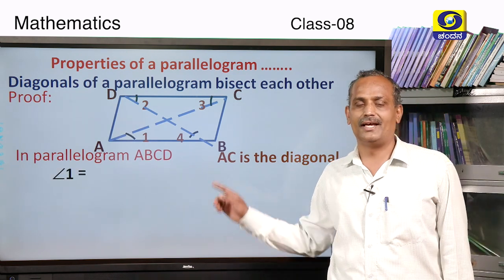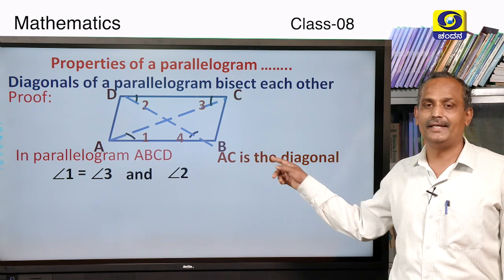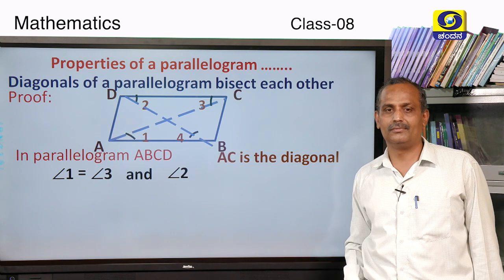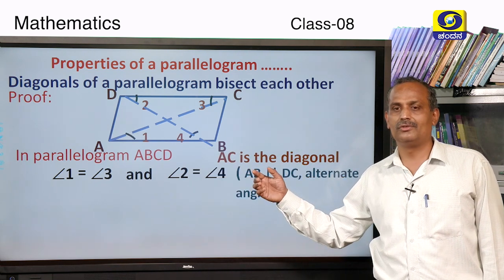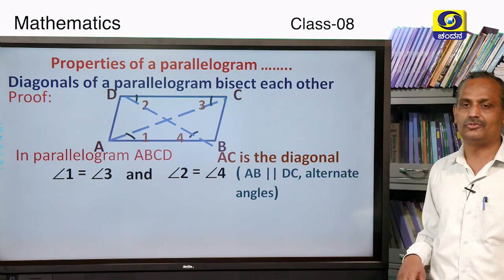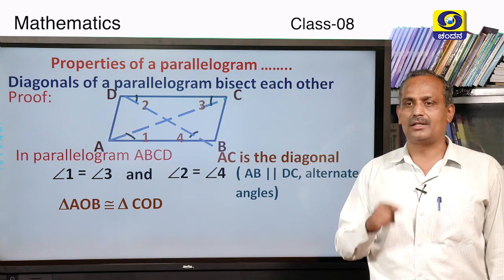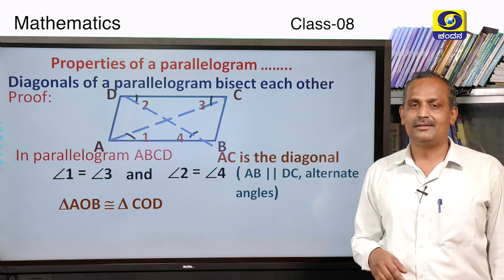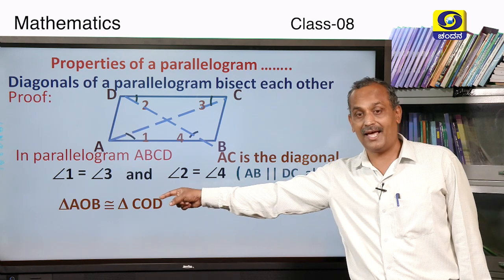We know that angle 1 is equal to angle 3, is it right? And angle 2 is equal to angle 4. They are equal because AB is parallel to DC and they are alternate angles. Now, if you mark the point of intersection as O, then triangle AOB is congruent to triangle COD.